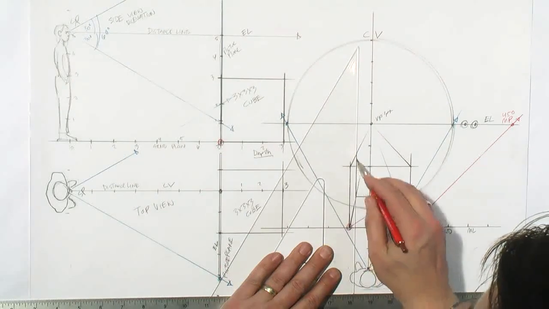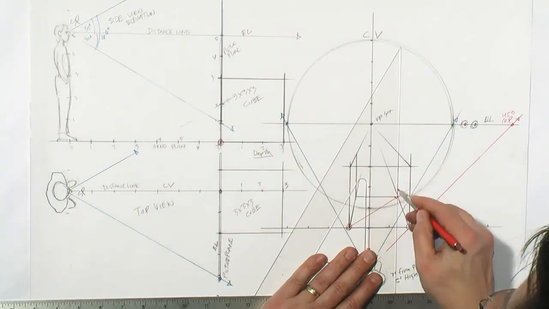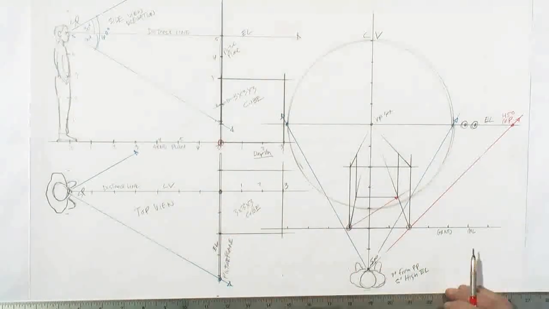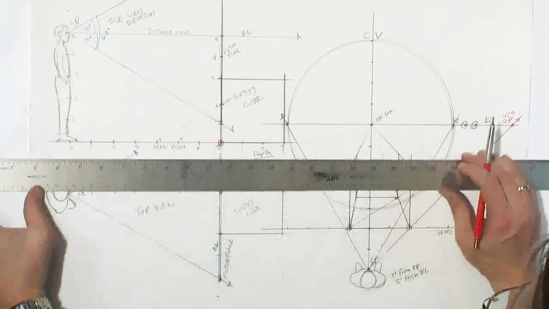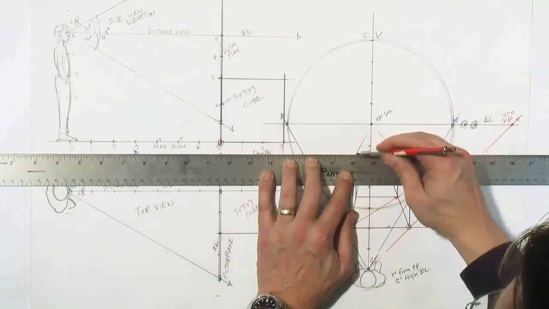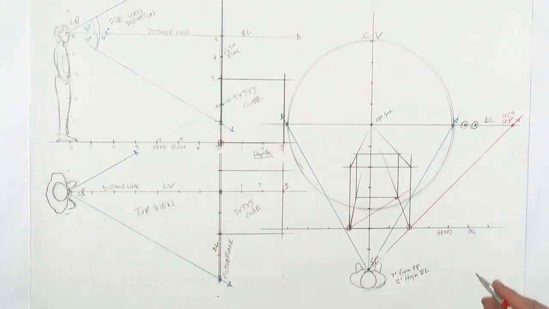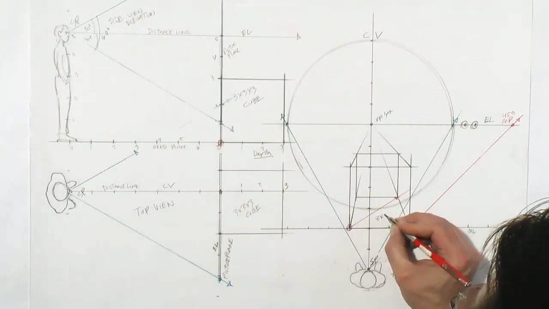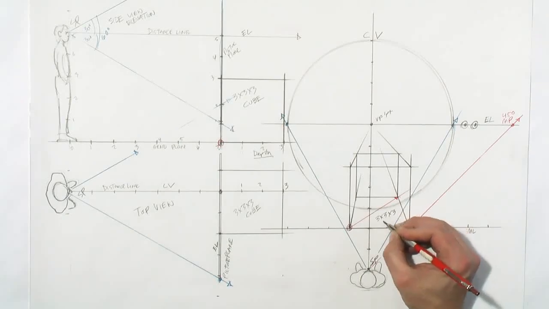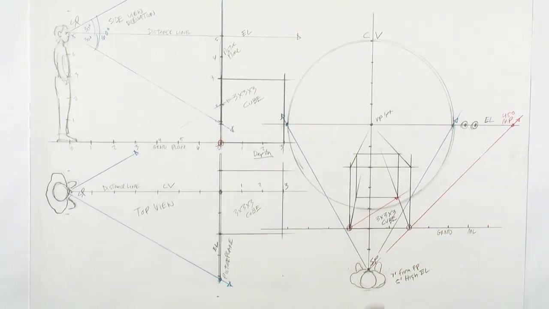And they connect with our front perpendicular planes going back to the VP, and we close off. And there is our 3 by 3 by 3 cube in perspective from 7 feet away.